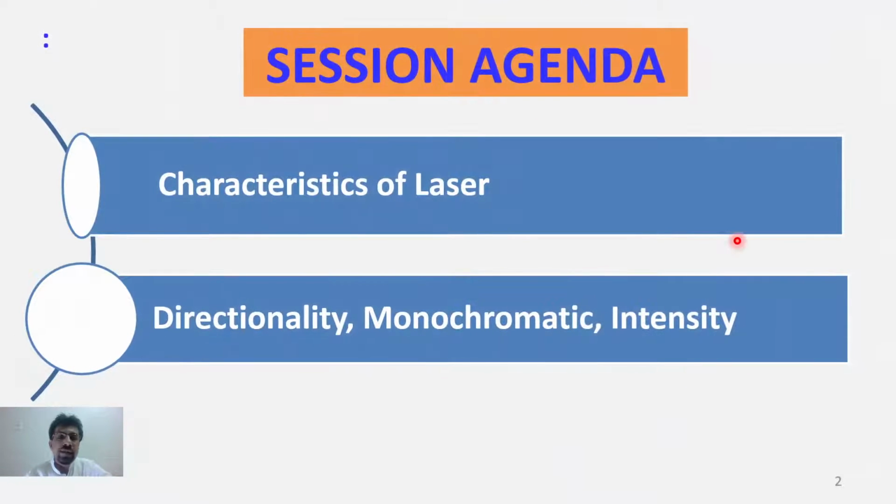Friends, in this lecture, we are going to see only the three characteristics. The first one is the directionality, the second one is the monochromatic, and third one is the intensity.